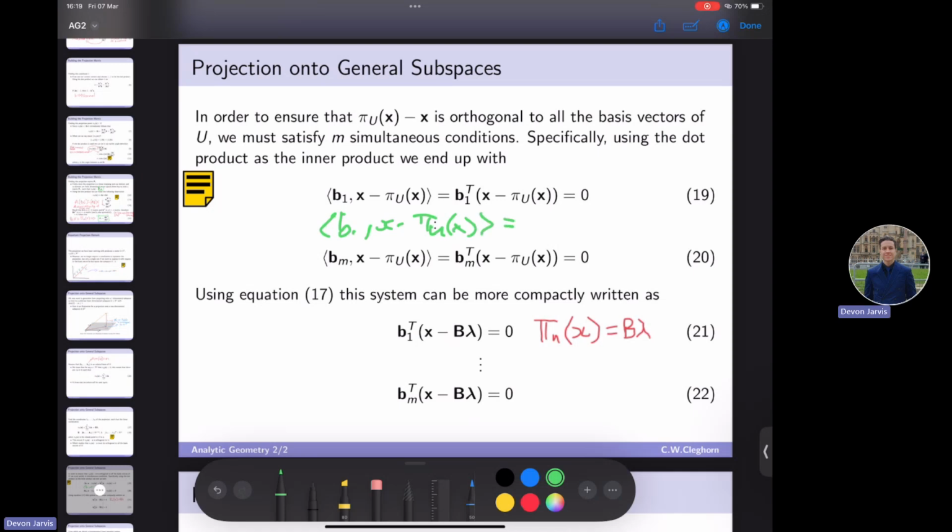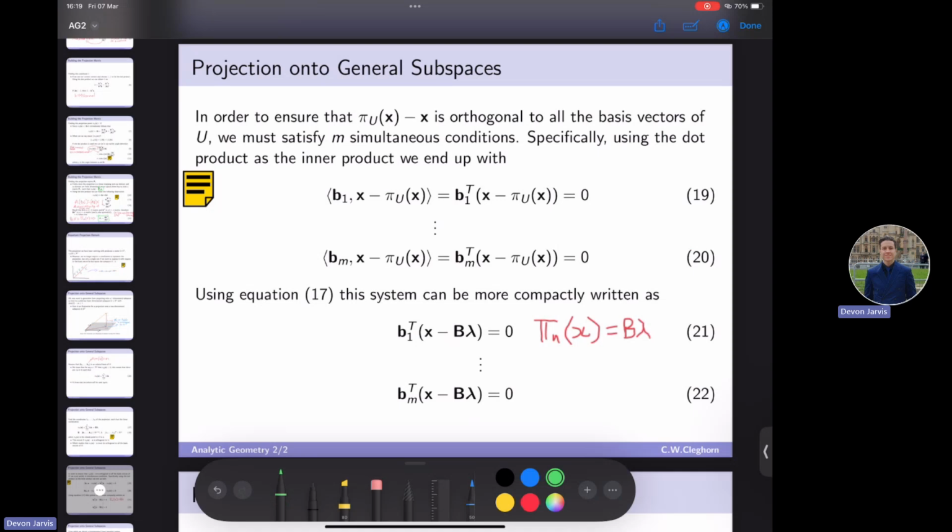With an arbitrary inner product, you get b1 transposed A then x minus pi u of x. You can be completely general about this, and all that's happened is I have that metric, usually called a metric tensor, that matrix in the middle telling me how to measure distance properly.